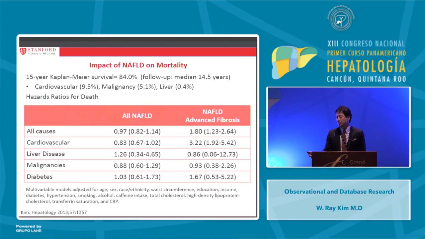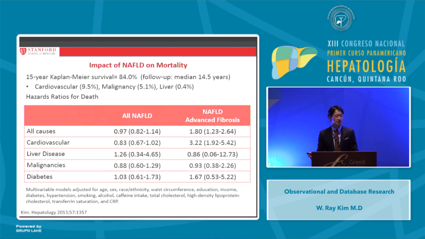So this is the meat of the paper. When we followed these patients with a follow-up data set, 15-year follow-up, Kaplan-Meier survival was 84% over a 15-year period. The mortality cause was mostly cardiovascular, 9.5%, malignancy 5%. Liver mortality, in these fatty liver patients, was only 0.4%.